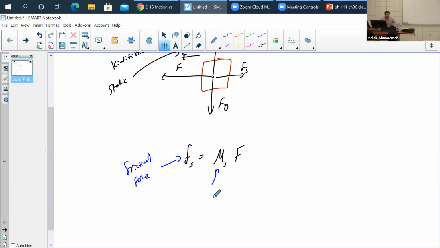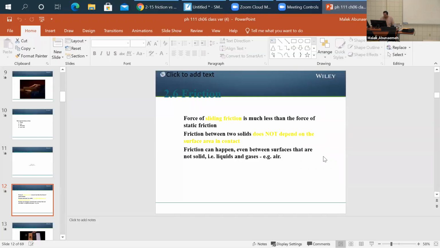Your mu is called the coefficient of static friction. And F is your force, or normal force, which again equals your mass times acceleration. Now, we go ahead on this.